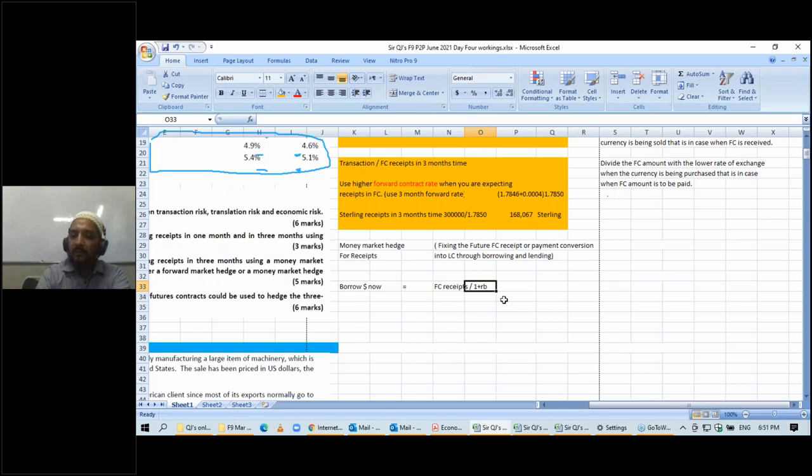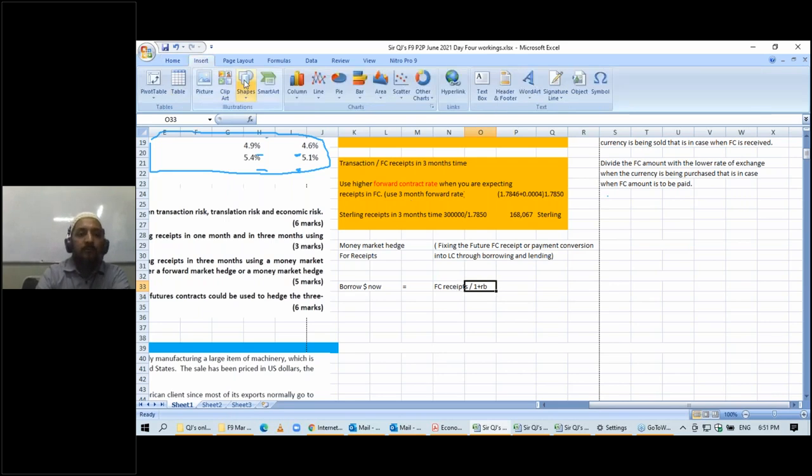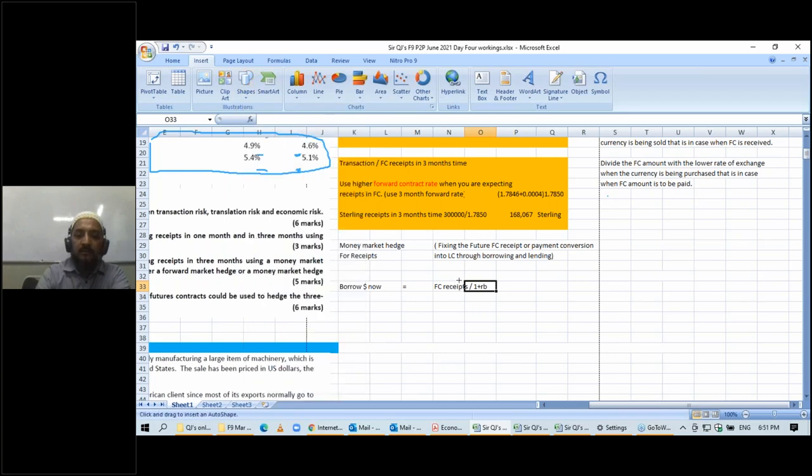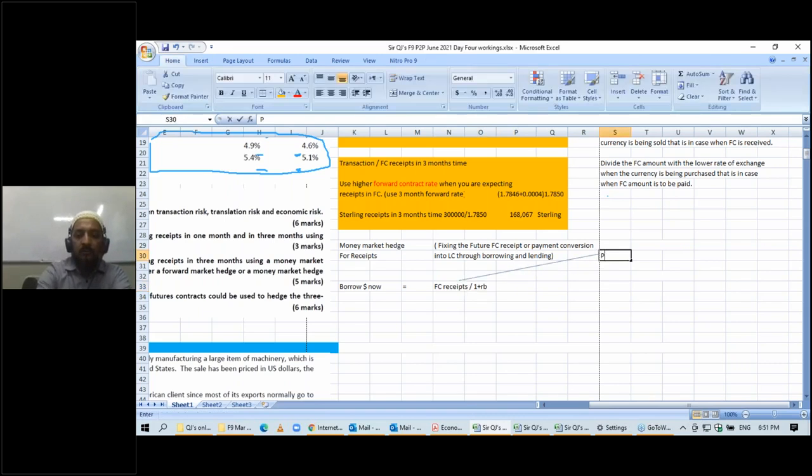Now, why has the borrowing rate been used to calculate present value? Because you are borrowing, right? So that's why I've used the borrowing rate. Let me make it clear that this working is for calculating the present value of foreign currency receipts.